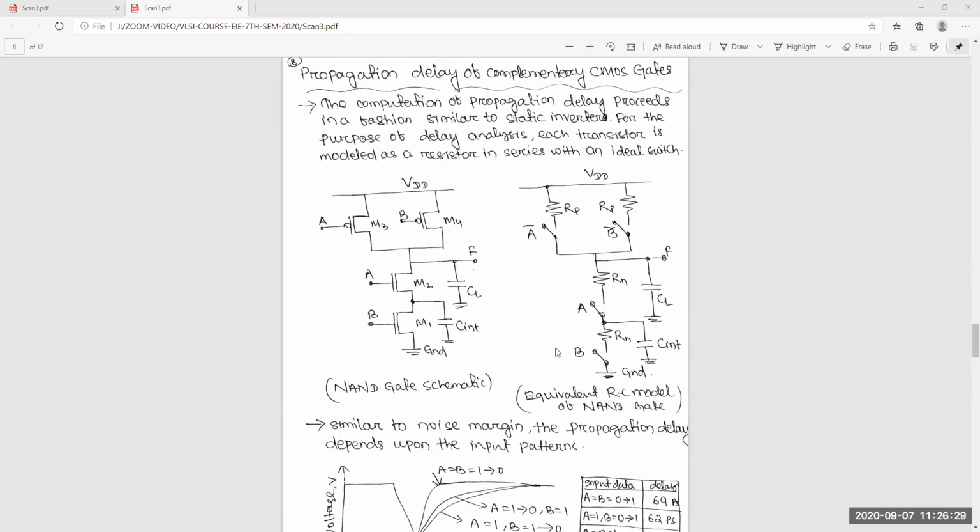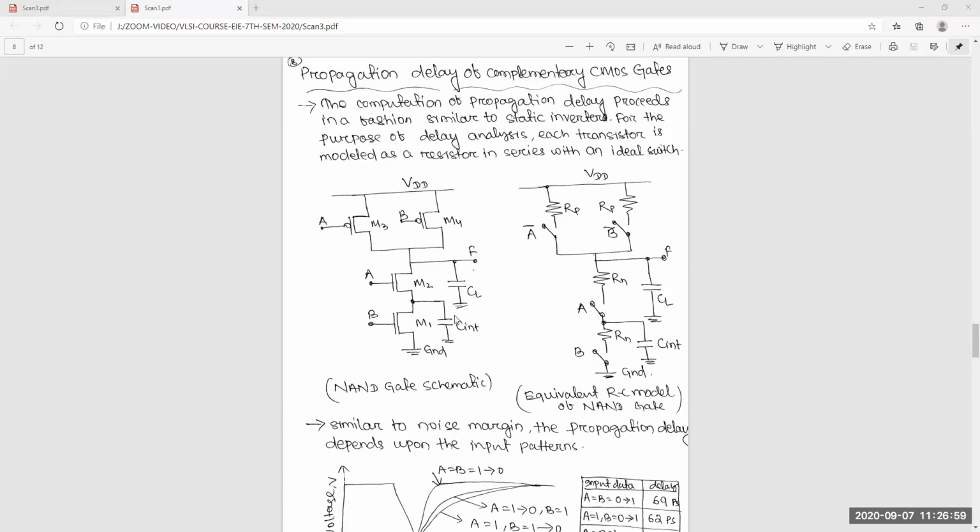So for propagation delay, as in the inverter, we have modeled the transistor as a resistor with a switch. Here you can see two resistors, and we assume the same sizes, so RP is the same and here RN. One more thing will come: a C internal at this point between M2 and M1.